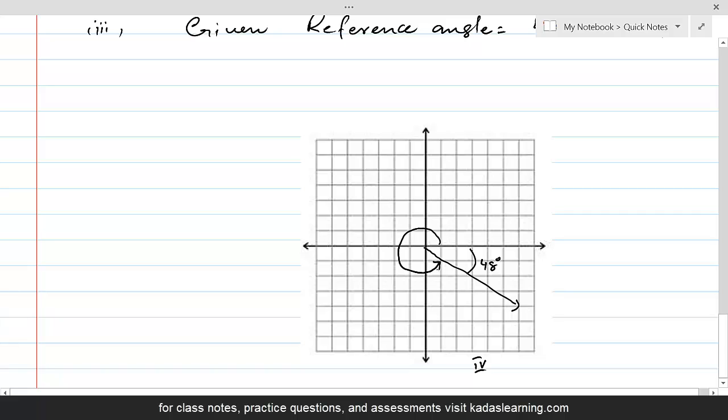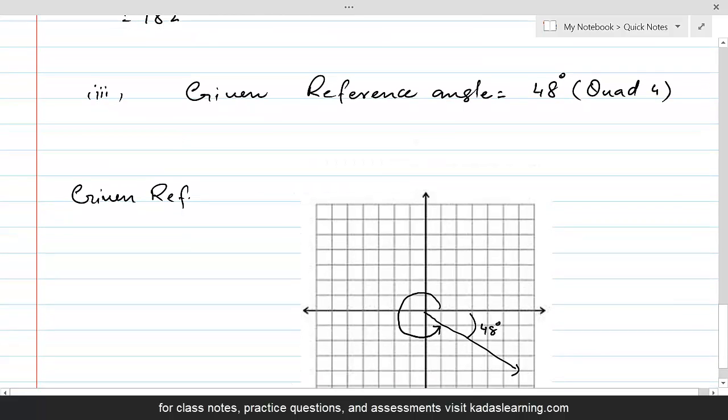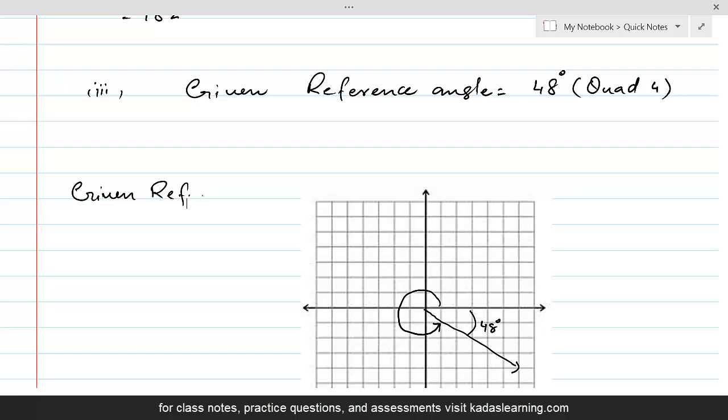And how can we find it? The given reference angle was equal to 48 degrees in the fourth quadrant.